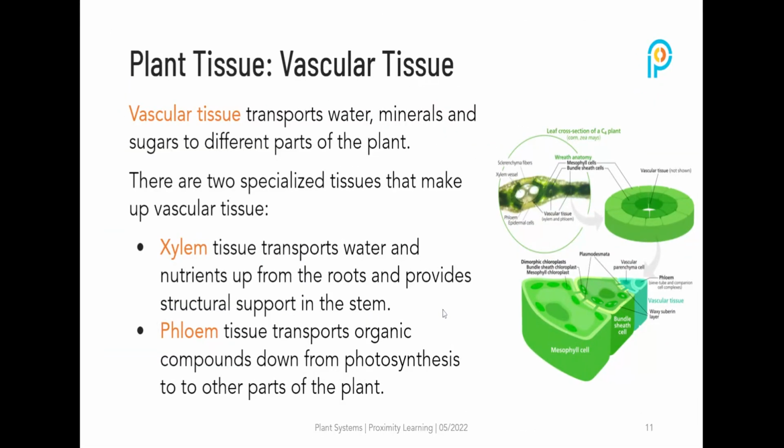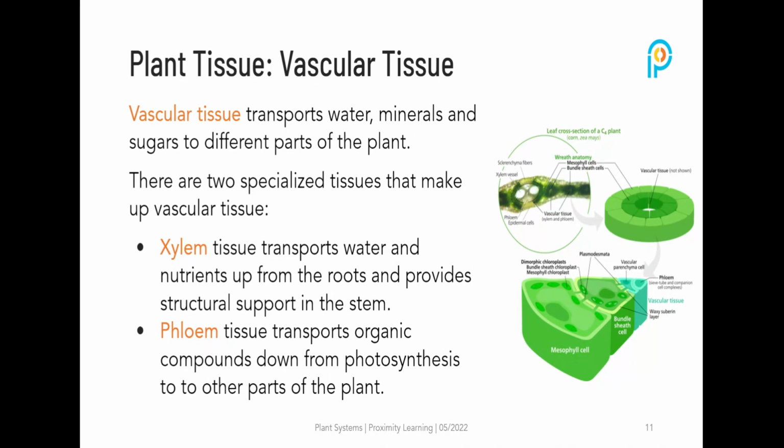The vascular tissue, this transports water, minerals, and sugar to different parts of the plant. And there are two specialized tissues that make up vascular tissue, the xylem and the phloem. The xylem tissue transports water and nutrients up from the roots and provides structural support in the stem.